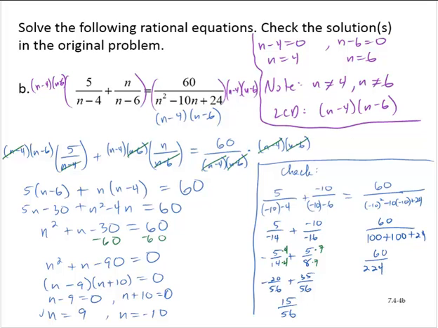All right, and we're hoping that this is the same, so notice that 60 is 4 times 15, and 224 is in fact 4 times 56, and if we remove the common factor of 4, we do get 15 over 56, so n equals negative 10 checks as a solution, and so we do have two solutions of the equation, n equals 9 and n equals negative 10.